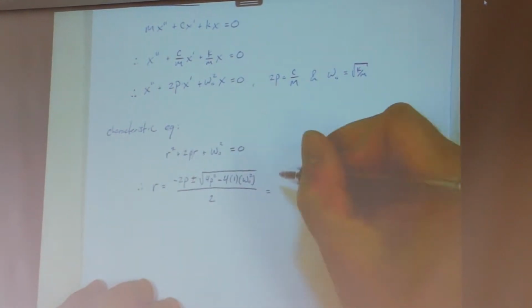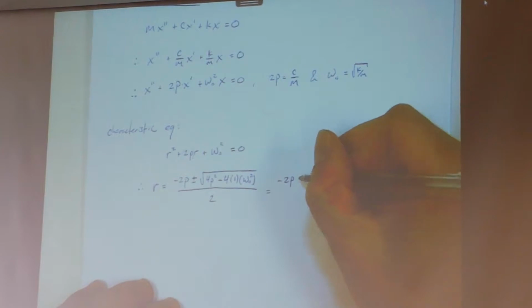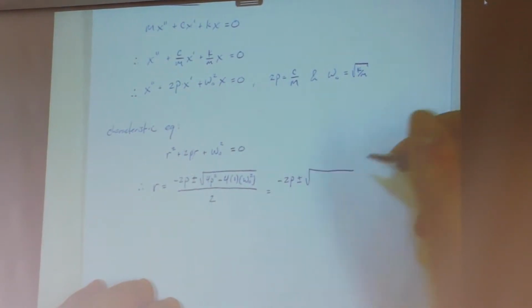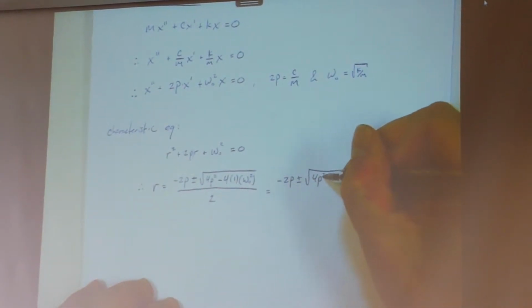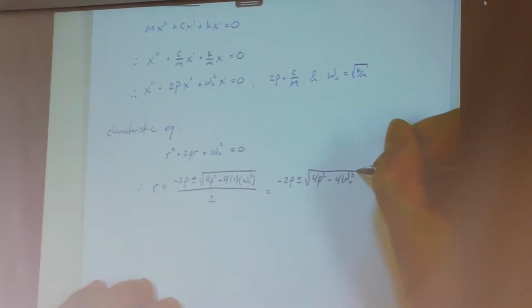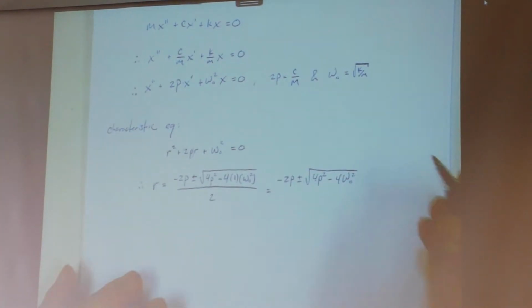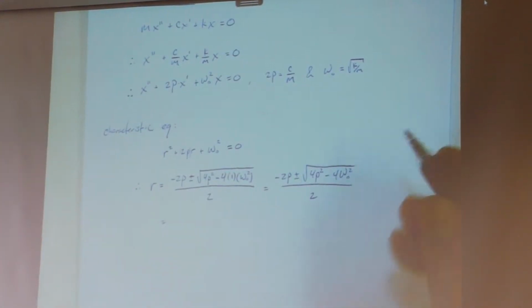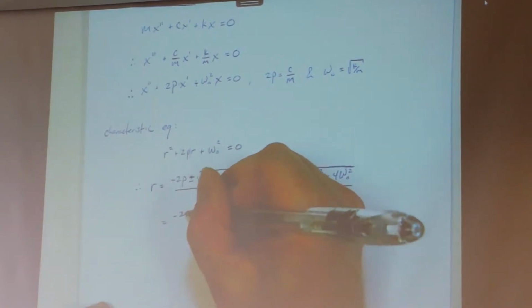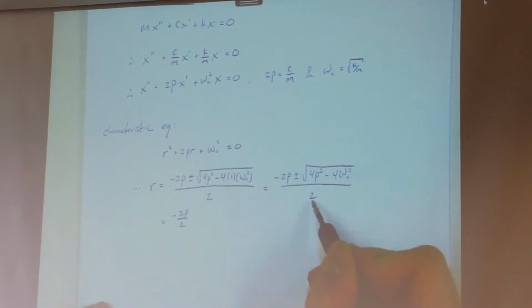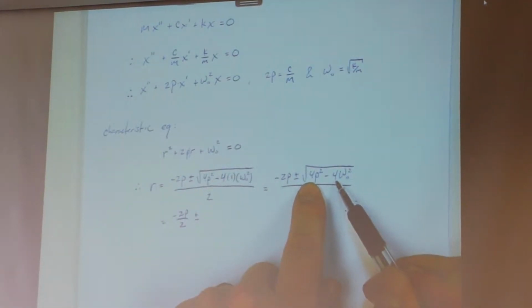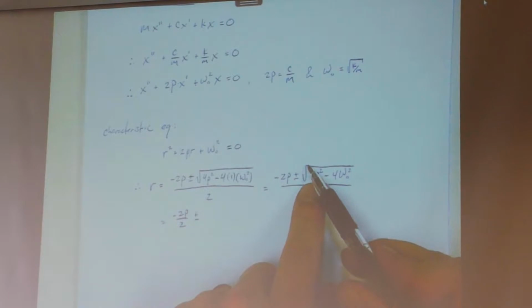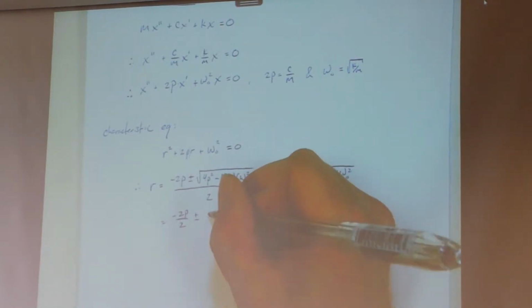All right, we're going to clean this up a little bit. Negative 2p plus or minus the square root of 4p squared minus 4 omega naught squared. This is why we made that substitution for 2p, all over 2. So I'm going to break it down. Negative 2p divided by 2 plus or minus. Now there's a 4 in both of those terms, so you can factor that 4 out, and the square root of 4 is going to pop out of there.